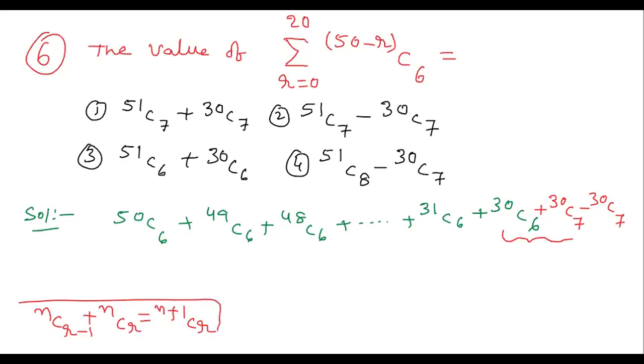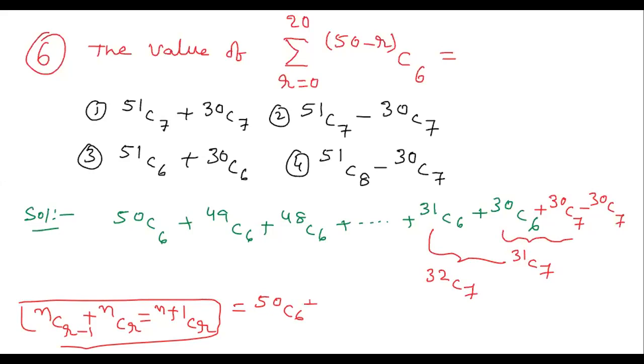Now apply this formula. So one by one we try. If we write these two, we get 31 C7. Again, these two we observe, we get 32 C7, like that. So finally what we get, the final term is 50 C6. After doing the calculation, the terms are removed one by one.